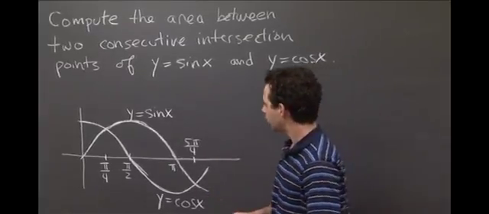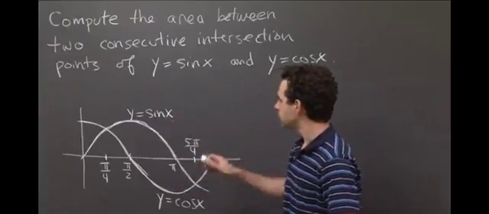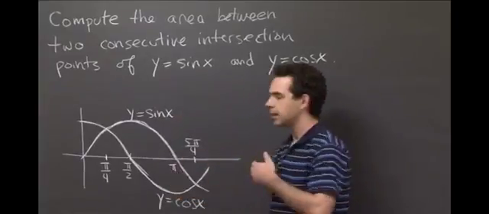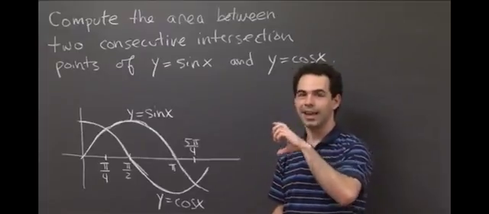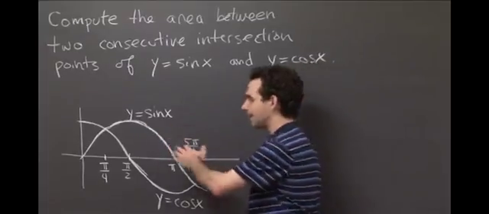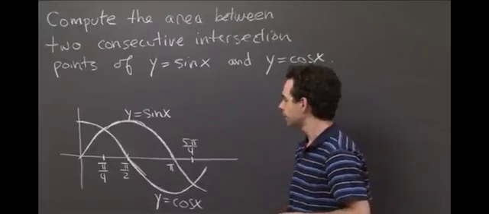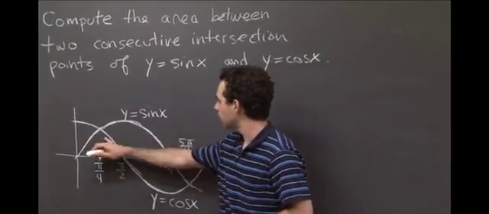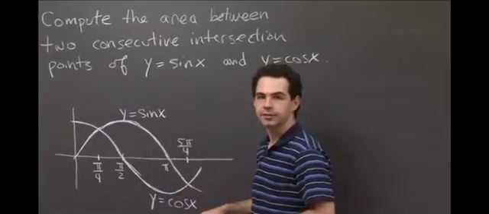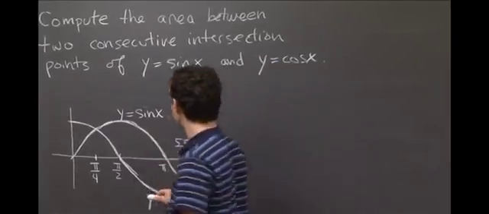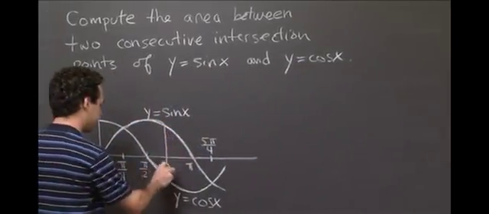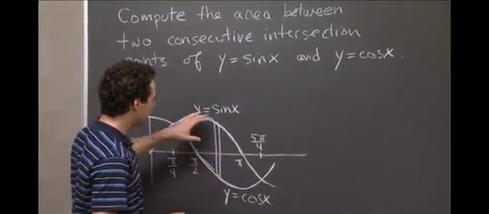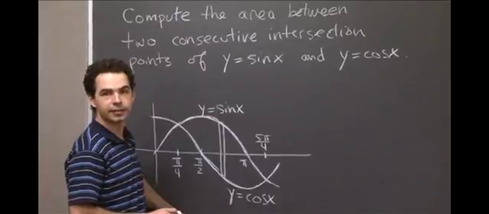Then what I want to do is view this region as cut into a lot of little rectangles, and integrate the height of those rectangles in order to get the area of the whole region. In this case, the upper curve is y equals sine x, and the lower curve is y equals cosine x. So the height of a little rectangle is going to be sine x minus cosine x.